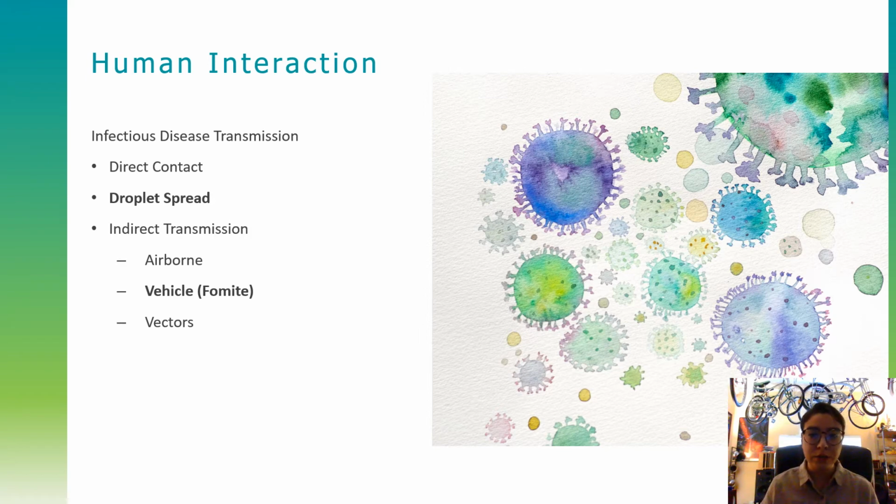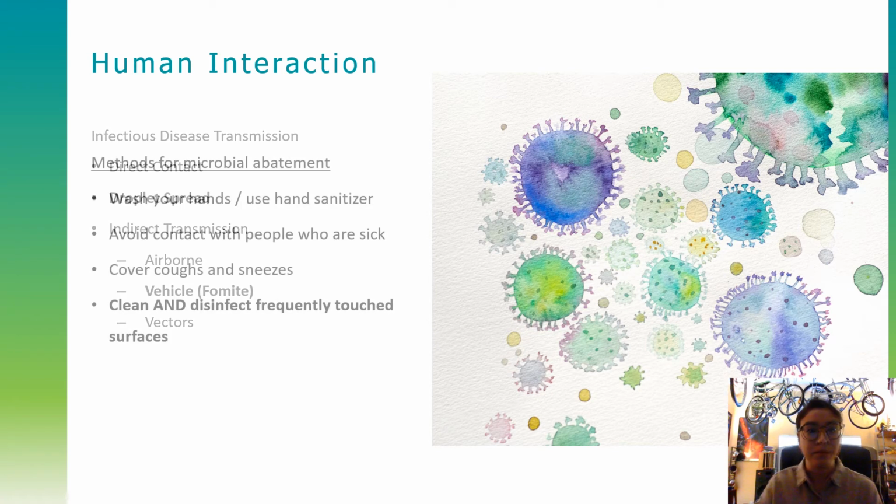What we can also try to help prevent is vehicle transmission through the use of antimicrobials in our building products that we know might be high touch surfaces, or that we know are likely to come in contact with some of these things.